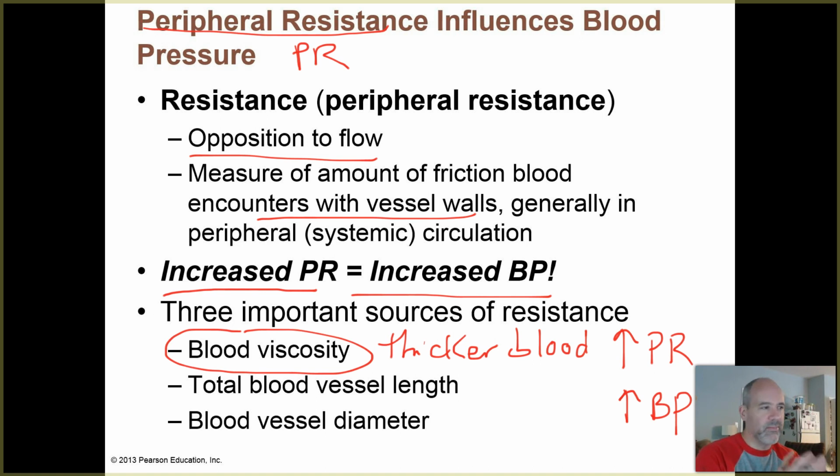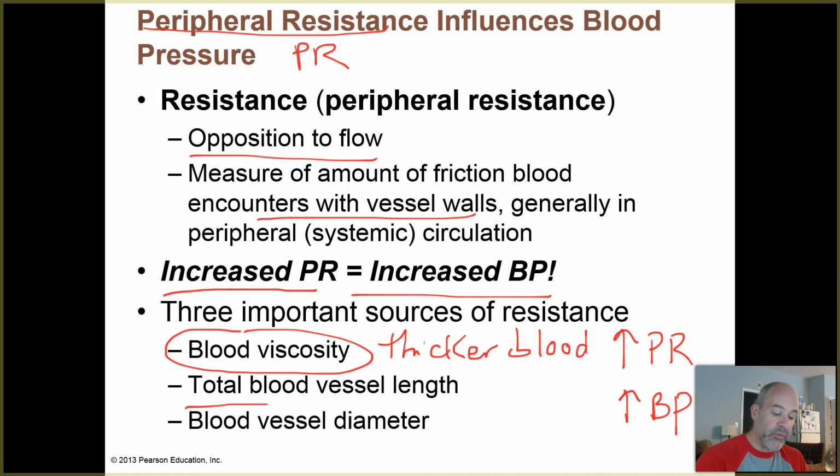So you have to be careful when you're thinking about dehydration and its impacts on your blood pressure. A little bit of dehydration increases blood pressure, but more serious dehydration will actually wind up lowering it because of the reduction of your blood volume.